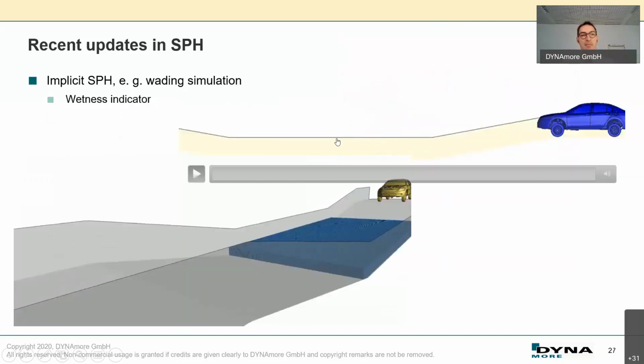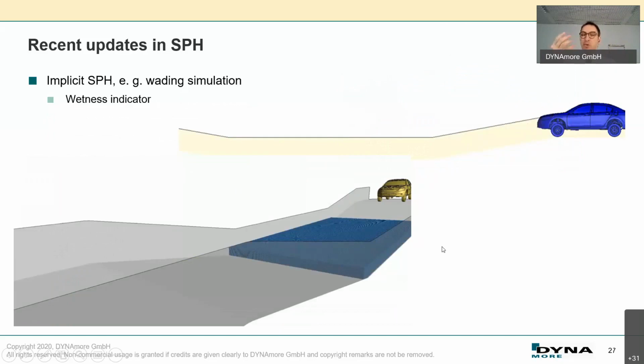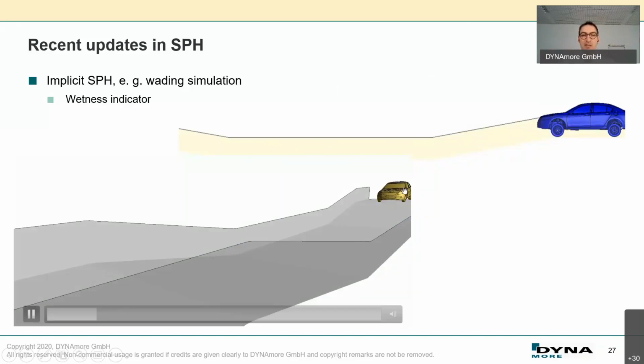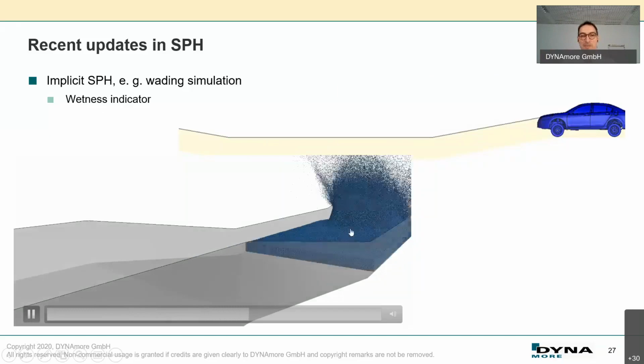Here's another example. The guys from LST have also introduced the so-called wetting factor, because this is something people want to know when they do the wetting simulation. If I have a structure, how much water is this structure exposed to? So I do a wetting simulation, I have the car, in this case, running through some pit of water.